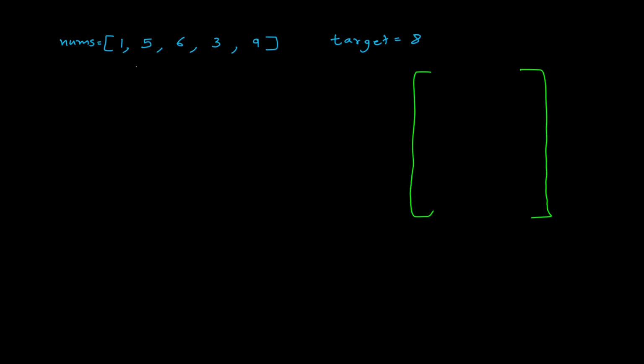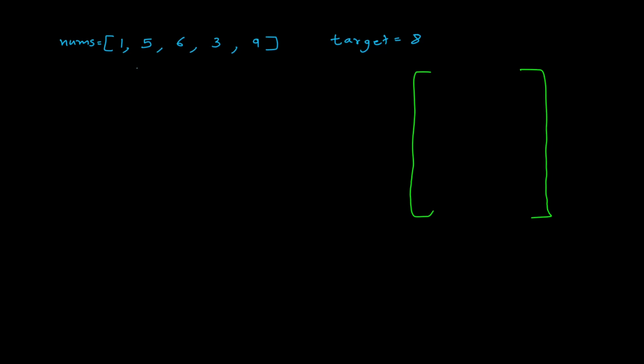Now what we're going to do is iterate over this array only once, and while iterating we will keep adding every number inside the hash map. And while adding the numbers inside the hash map, we will also add their indexes.